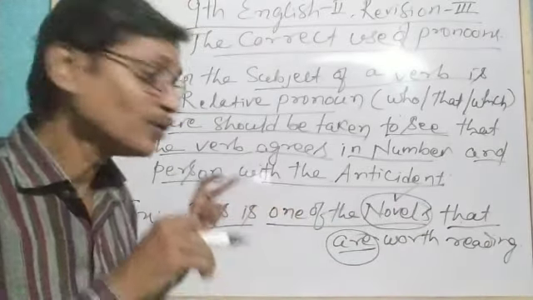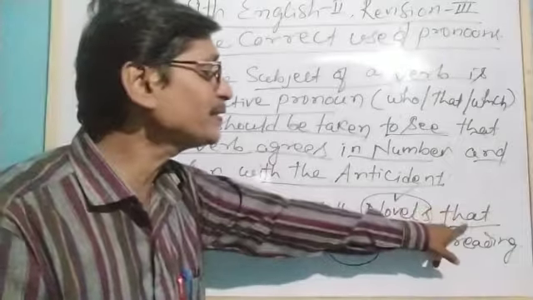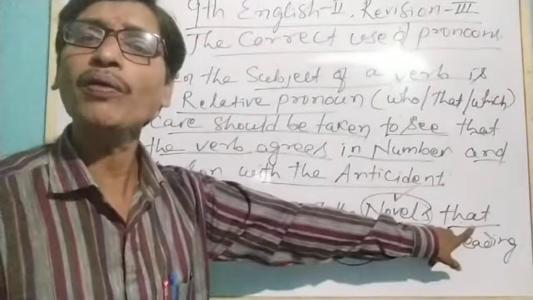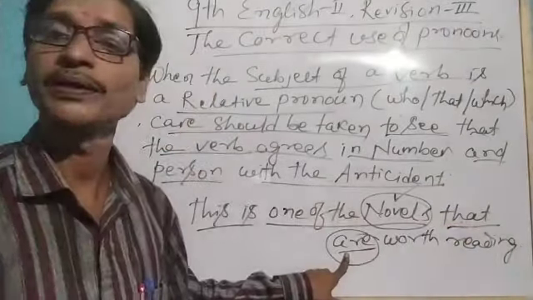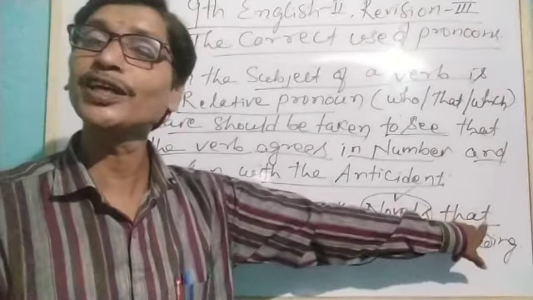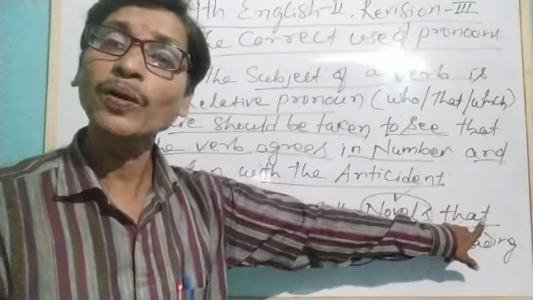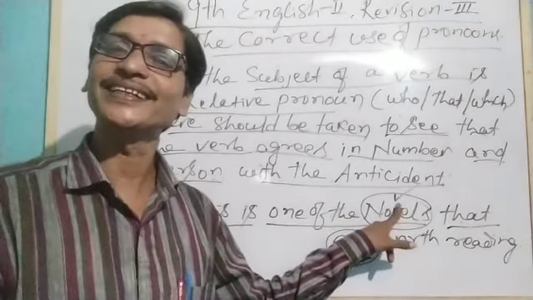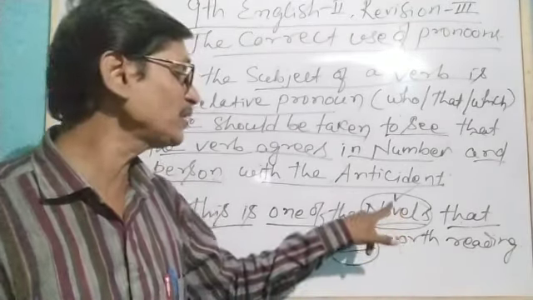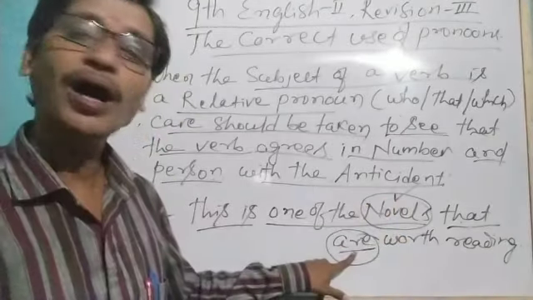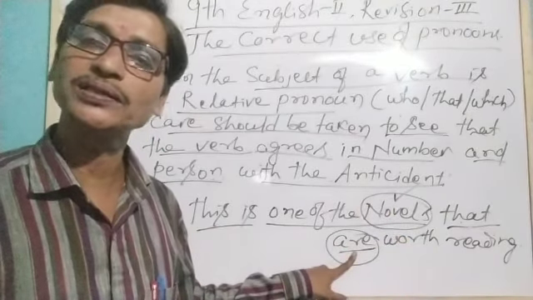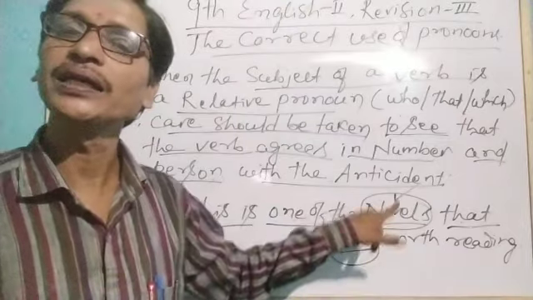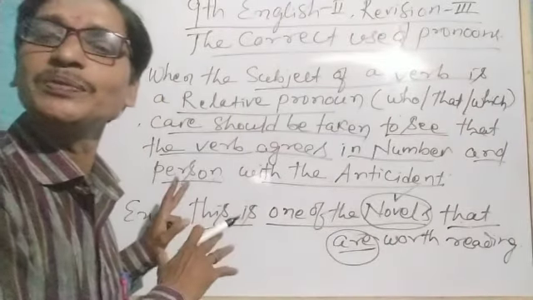This is the rule. The rule is that if the relative pronoun is the subject of a verb, that means before this verb the relative pronoun is there, therefore this verb should agree with the antecedent. Understand? So if it is a plural subject, this verb should also be plural and must agree with them. So this is a very important rule.